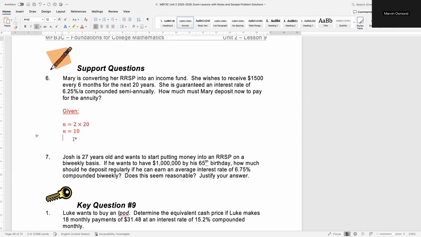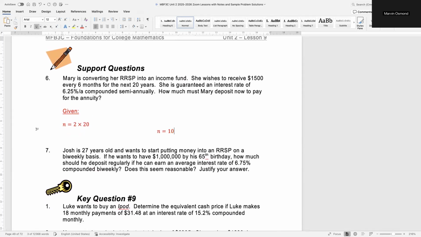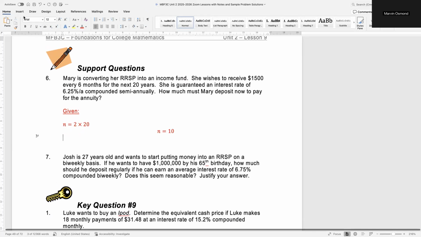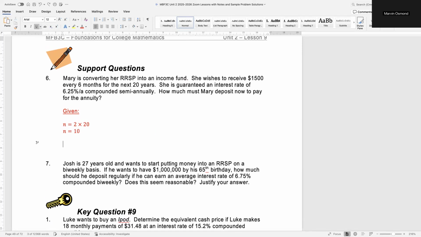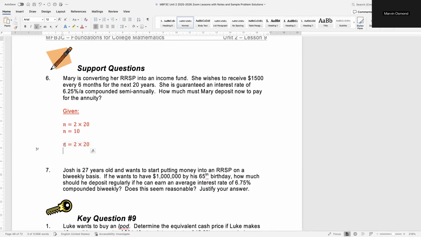And then here, the R value is going to be how much we're making payments for. So the R value is going to be 1,500.